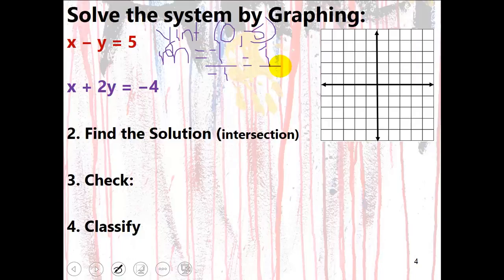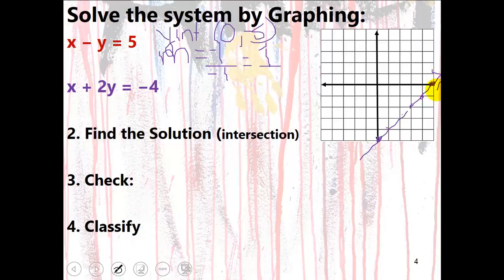And now I'm going to graph that. And you want to be as exact as you can. It's going to be really hard for me on this screen, but you want to use graph paper and rulers. And I'm going to put this line together like that.